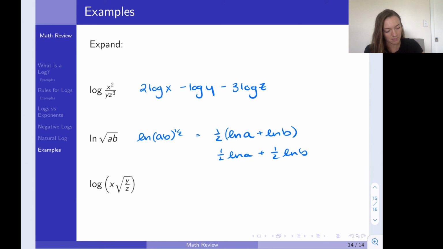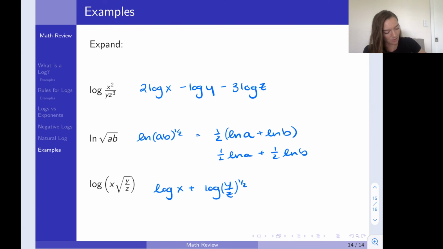And then our last one, take this one step at a time, we have log x plus log y over z to the 1/2, right? Because the y and z are in the square root. And now we can expand out this term.